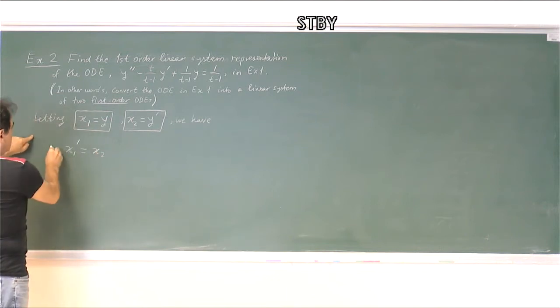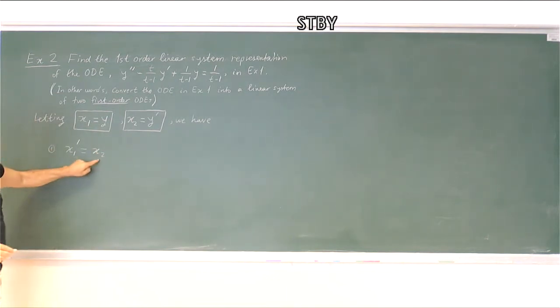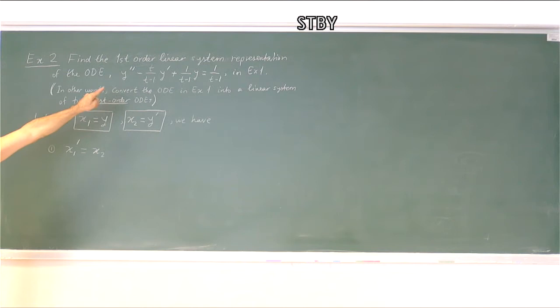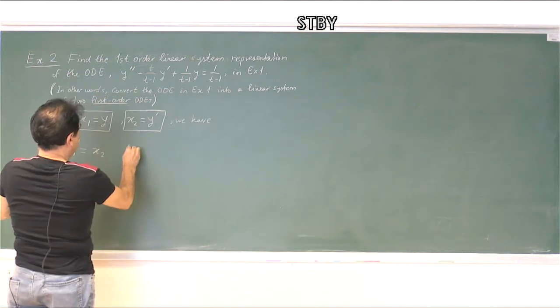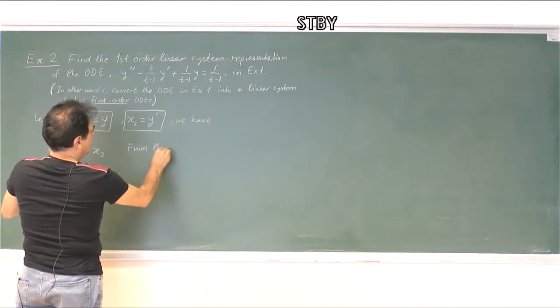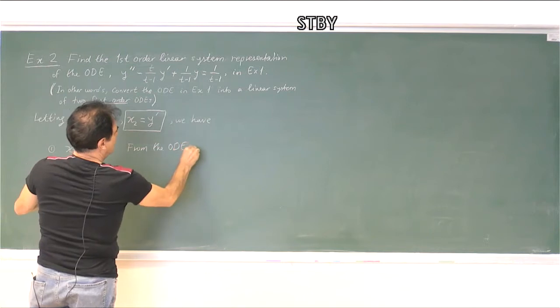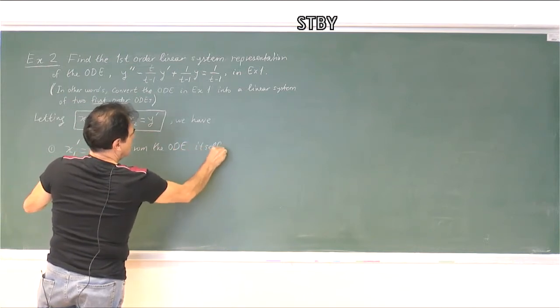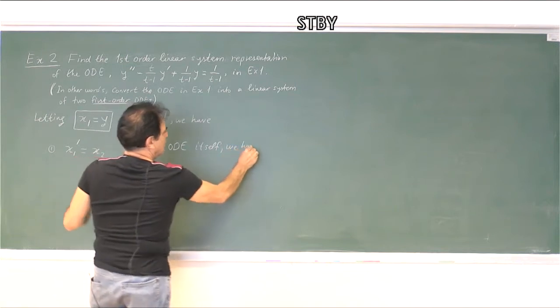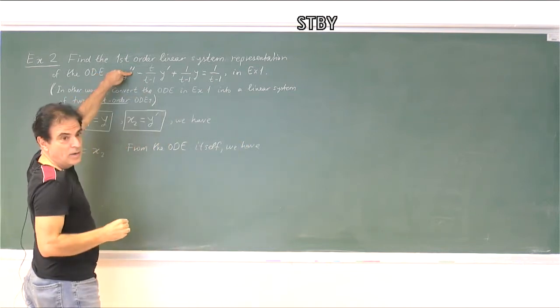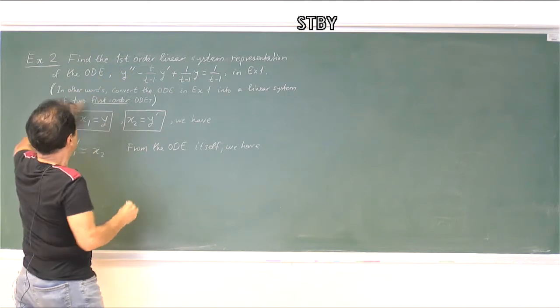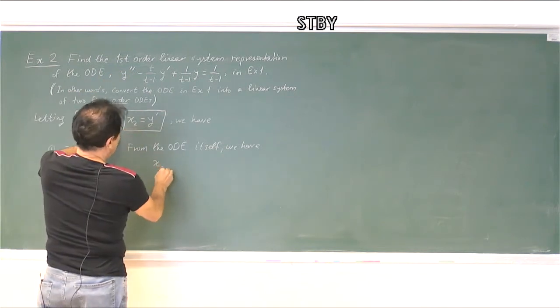Good. We get a first equation. This is a first order ODE in two variables, x1 and x2. And the second equation is obtained from the differential equation itself. From the ODE itself, we have y double prime in our equation is x2 prime.